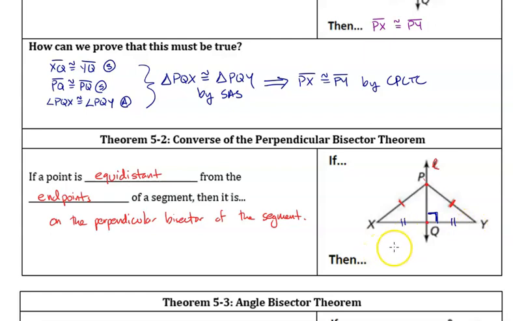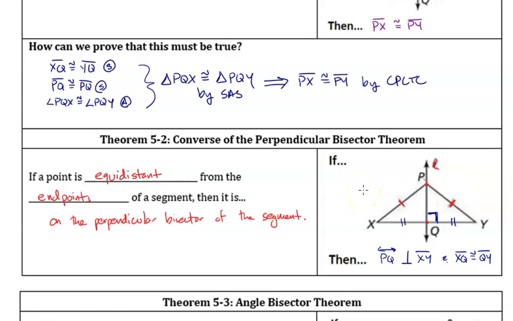So the way we're going to state that is we're going to say that line PQ is perpendicular to segment XY, and then XQ would be congruent to QY. Right? So that's the converse of the perpendicular bisector theorem.